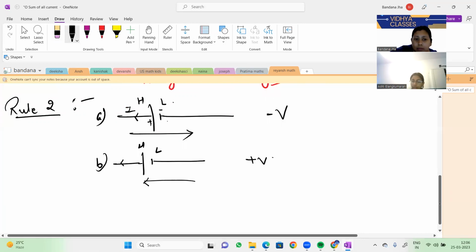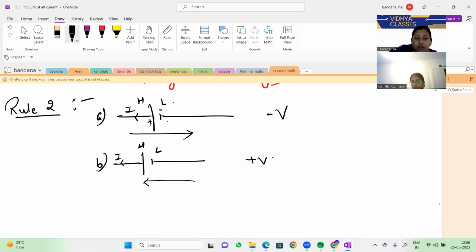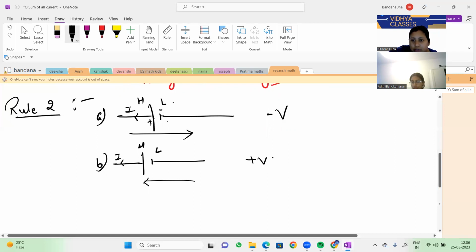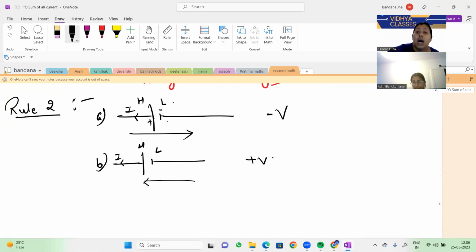But doesn't current only flow in one direction? Current is always flowing from the positive terminal. I am going from high to low, so that time it is negative potential because we are going against the potential.